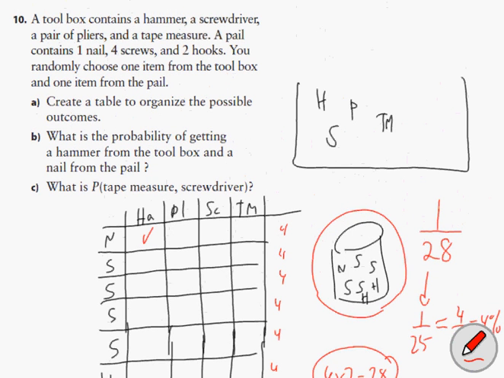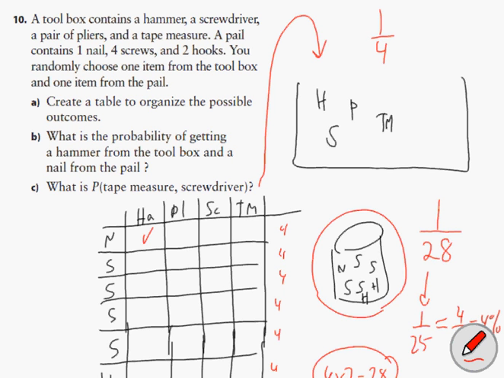Now here's an interesting one. Let's assume for a second that we were just reaching into the toolbox. What's the probability of pulling out a tape measure on the first one? What is it? 1 out of 4.